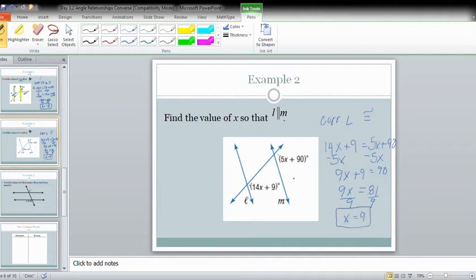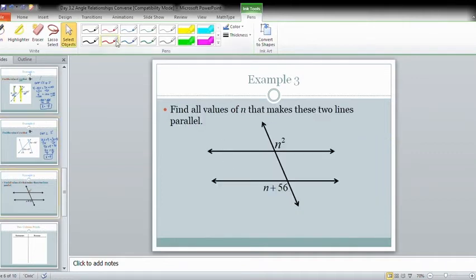So again, I now know that these two angles are going to be congruent, and therefore corresponding angles are congruent. My lines are parallel based on our converse. All right, let's try one more and then we'll take a look at a proof. So we need to find what values of n will make our lines parallel. Again, what's our relationship?